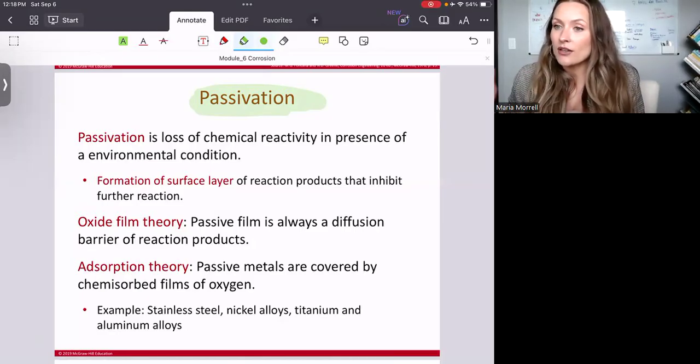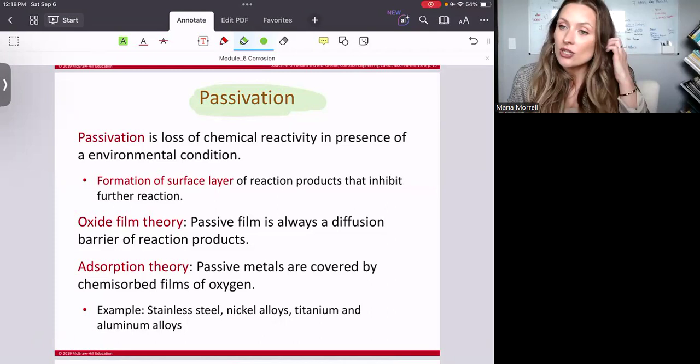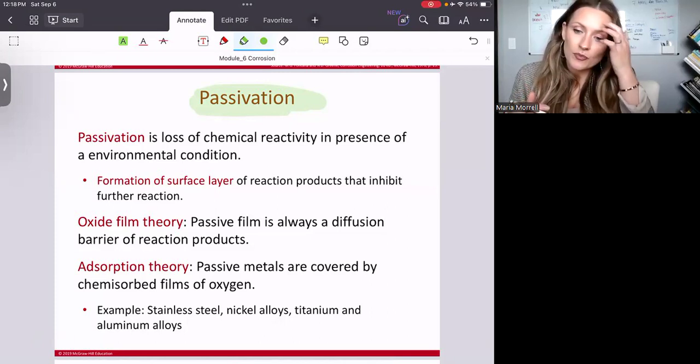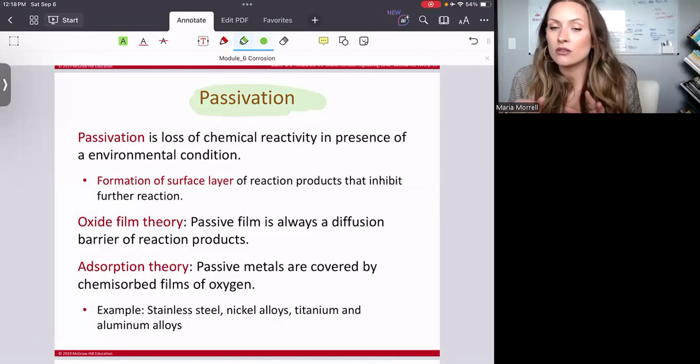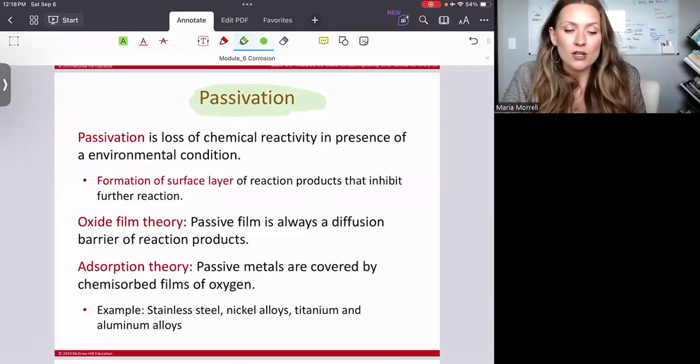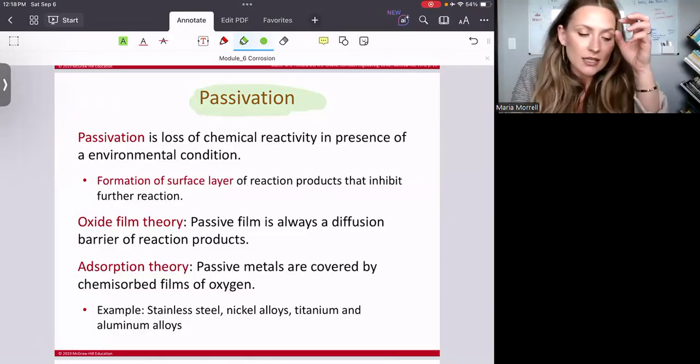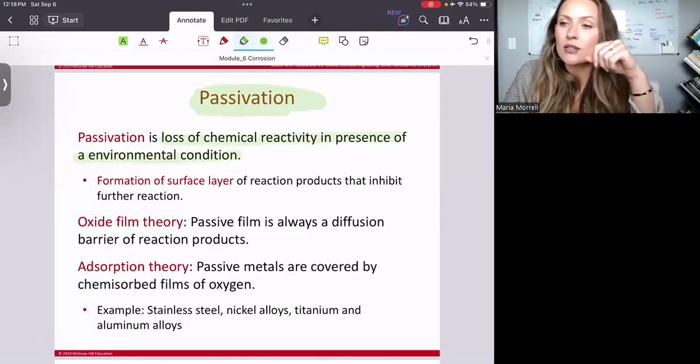However, we are already at the point where we are successfully using passivation in a lot of applications, not just within the educational environment, but also in the industry. So passivation is basically a loss of chemical reactivity in the presence of environmental conditions.